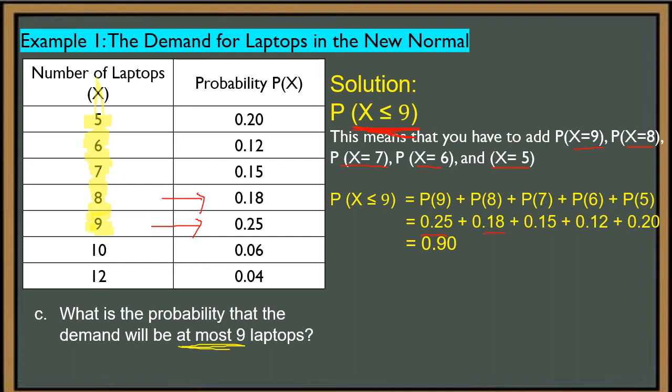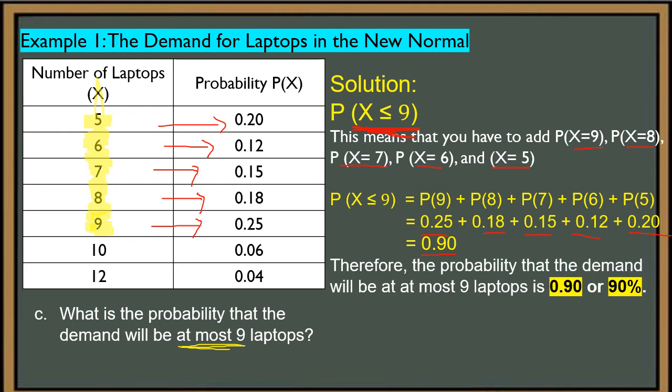The probability of 7 is 15 hundredths. The probability of 6 is 12 hundredths. The probability of 5 is 20 hundredths. We're going to get the sum. Simply add the probabilities and you will get 90 hundredths. Therefore, the probability that the demand will be at most 9 laptops is 90 hundredths or 90%.